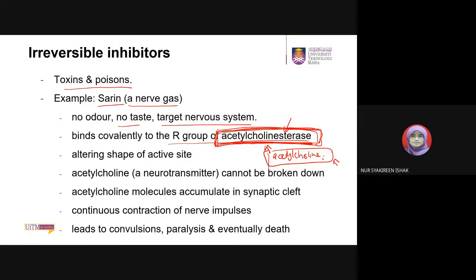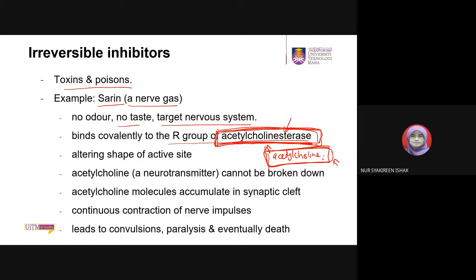So you do not want this acetylcholine to remain binding to the muscle cell, as it will cause continuous transmission of impulse and cause the muscle cell to continuously contract. If you do not want your muscle to always contract, it would cause convulsion.